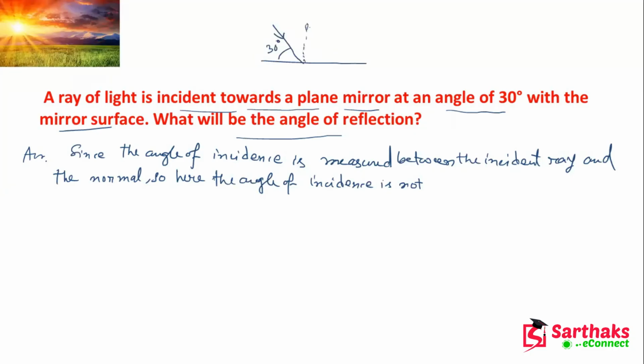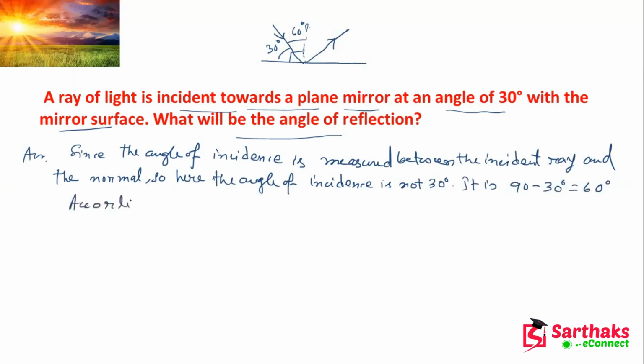So what is the angle of incidence? This is 60 degree because this is 90 degree. So incident angle is not 30 degree. It is 90 degree minus 30 degree, that equals 60 degree.